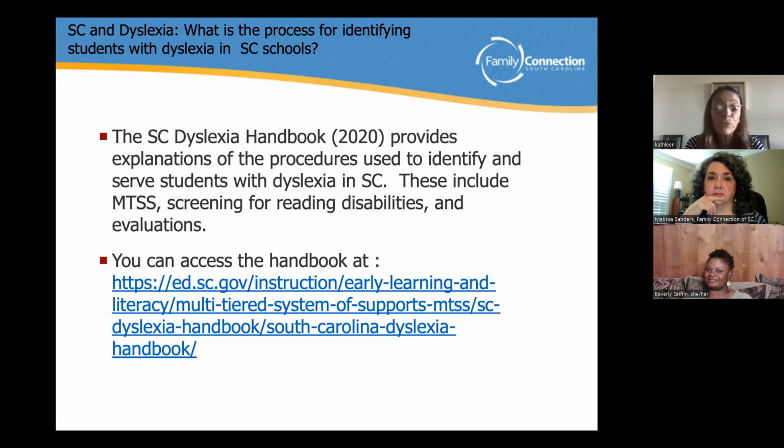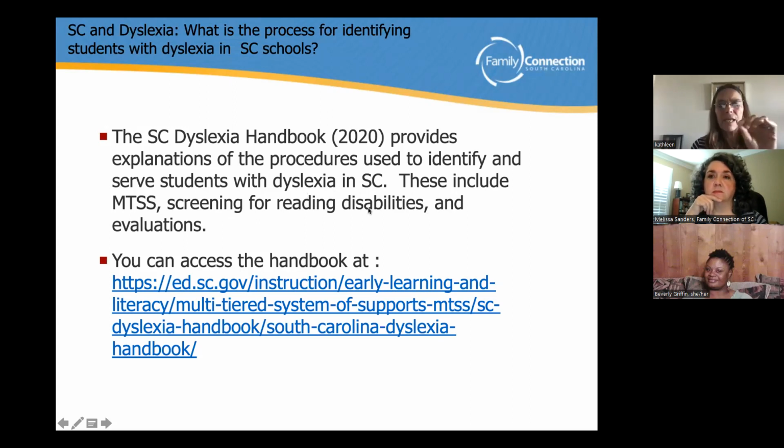So it's a lot to read, and there's a lot of jargon, but it's good to have in your back pocket and to refer to it, particularly if you're a parent talking to children's teachers, or if you're a teacher and you're not quite sure what you're supposed to be doing in your schools relative to what the expectations might be. All right, so how are kids with dyslexia identified?